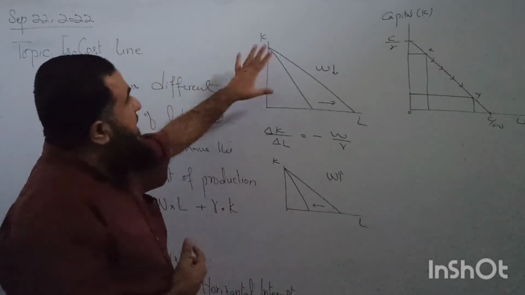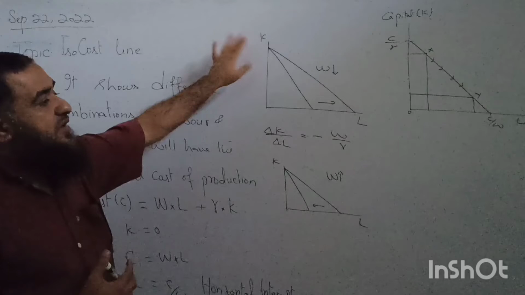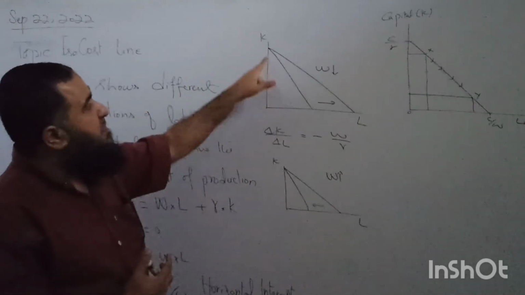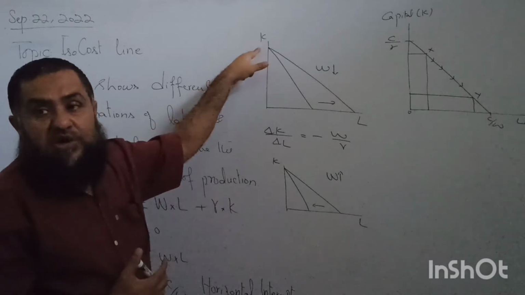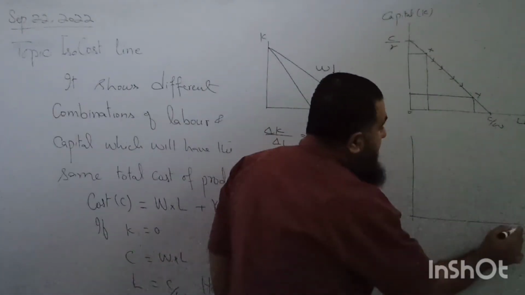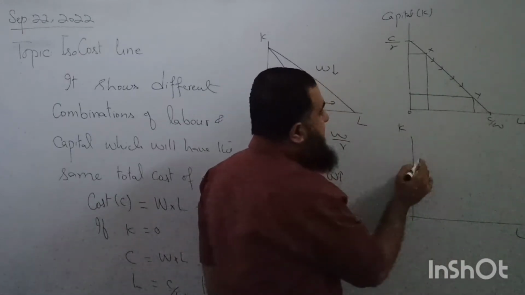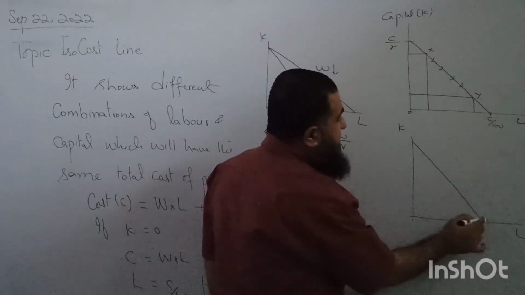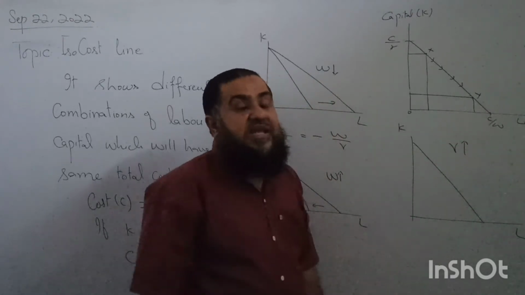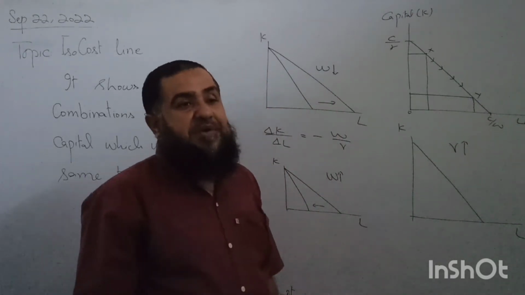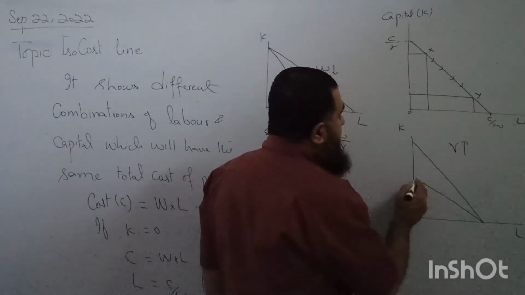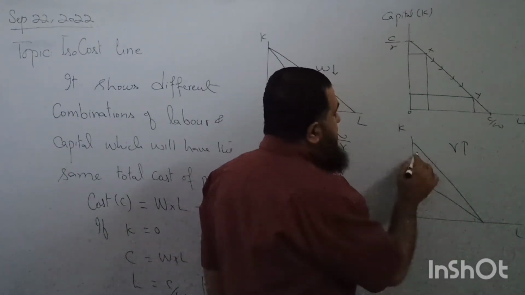Clear? This is how isocost line is changing its slope due to change in labor wages. Now if there is change in rate of interest of capital, what happens? Then there will be pivotal shift from the vertical side. For example, if I say here I am taking labor and capital, if rate of interest increases, R increases, less capital units will be employed by the producer, then this isocost line will have inward rotation.